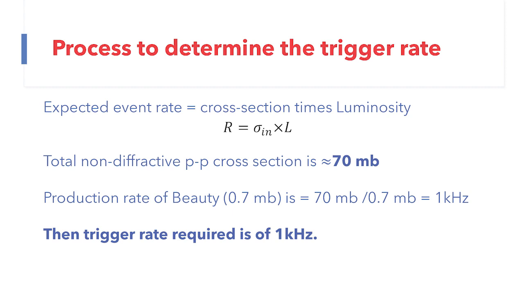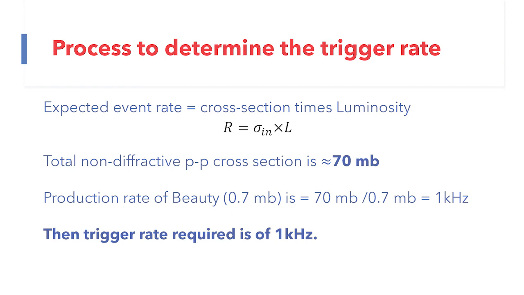So using this very simple calculation, that is division of the total rate by the production rate of the beauty particle, we get the trigger rate required to acquire this beauty particle signal. So it's very easy to calculate, but the challenge comes when you go into the Higgs particle.